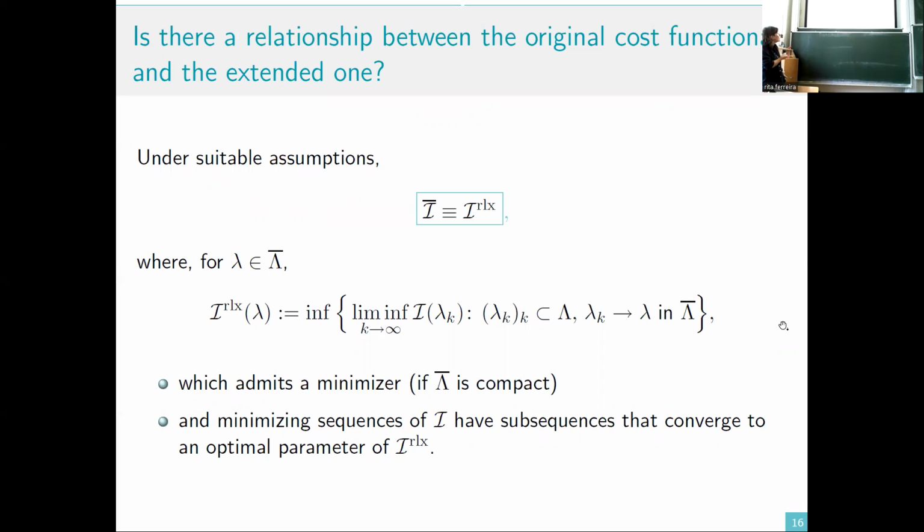And then because this is lower semi-continuous, and if the closure of lambda is compact, then you automatically have solutions. And this comes out of typical calculus of variations arguments. Minimizing sequences for the original cost functional will converge to the minimizer of this relaxed one.